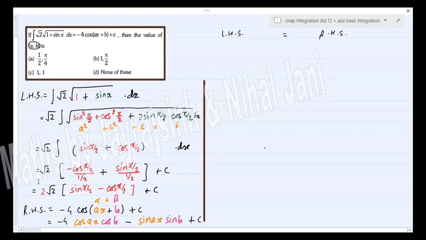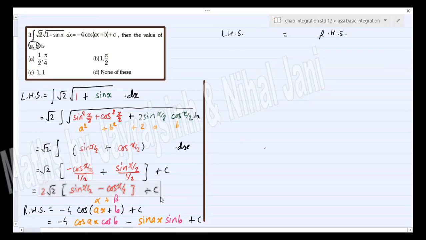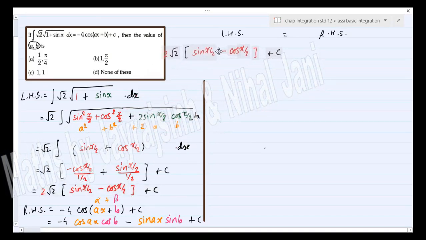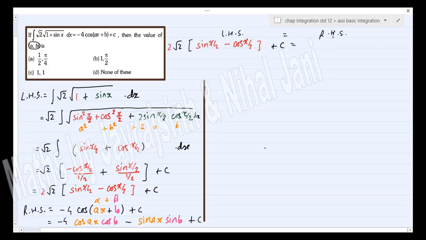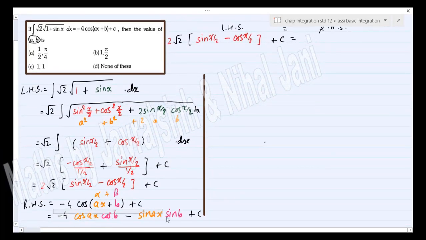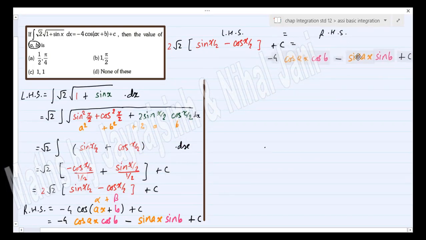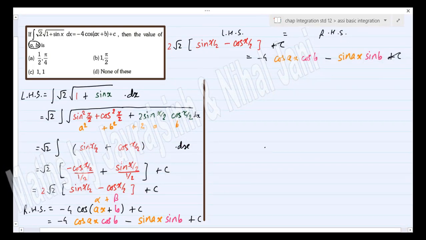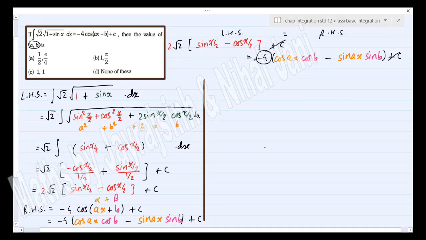So first of all, let's get our left hand side is equal to, now it's time to get our right hand side. We can ignore this plus c and divide by minus 4.